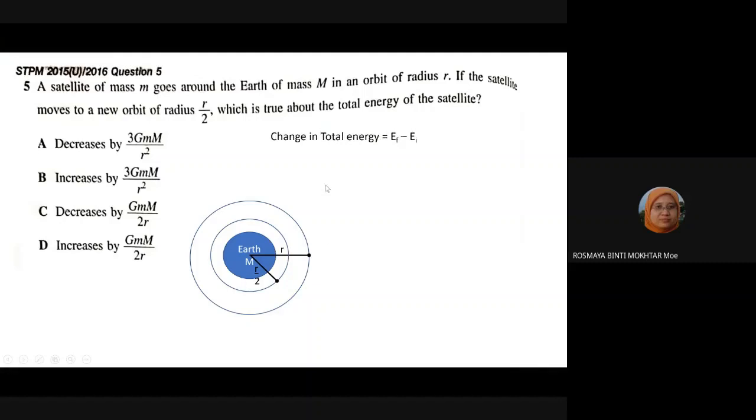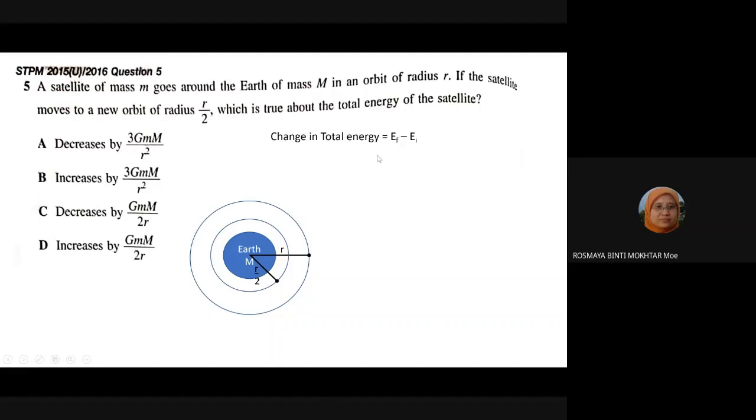Okay, to determine the total energy, from the options ABCD, all mention decrease or increase. So that means this is related to the change in total energy. The question asks for total energy. So what is the change in total energy?